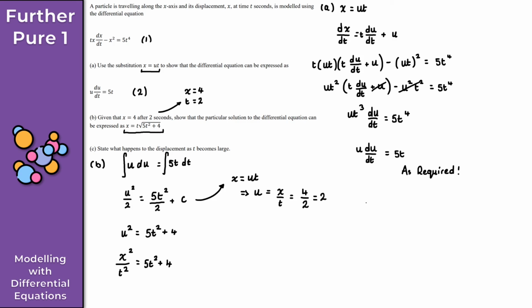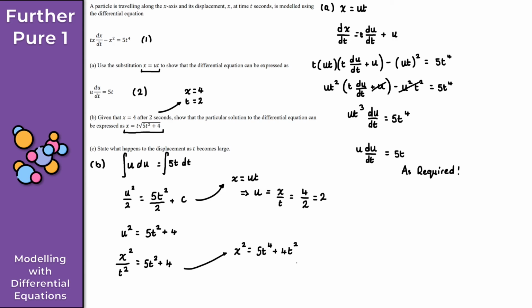So what I'm going to do next is times through by t squared. So if I do that, what do we get? So x squared is equal to 5t squared times t squared, so that's 5t to the 4. I then get 4t squared, right? So 4 times t squared gives us plus 4t squared.